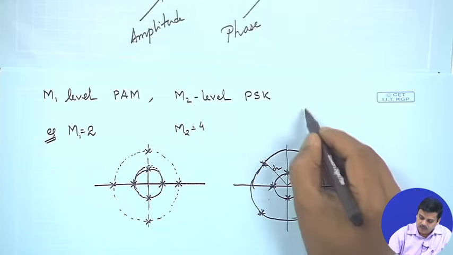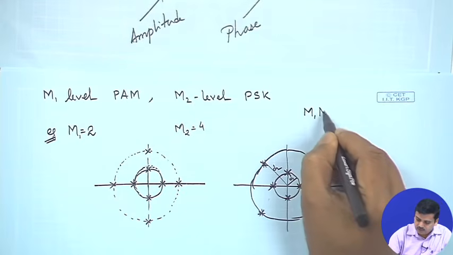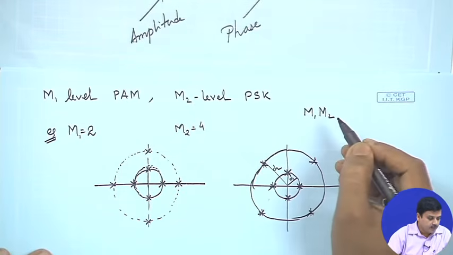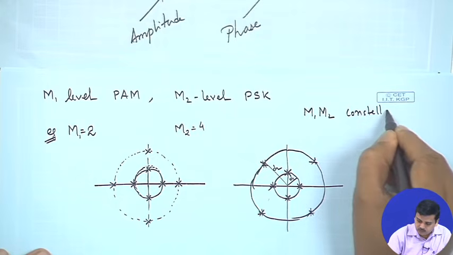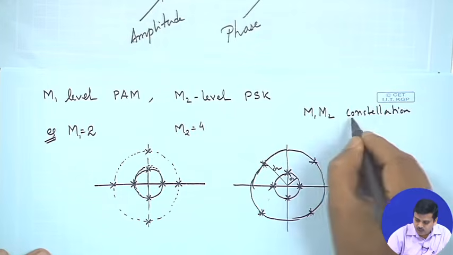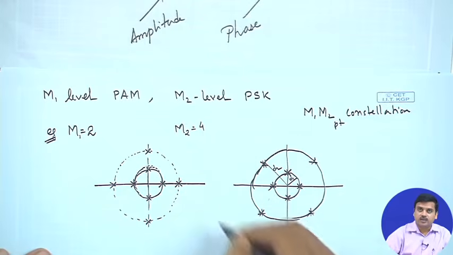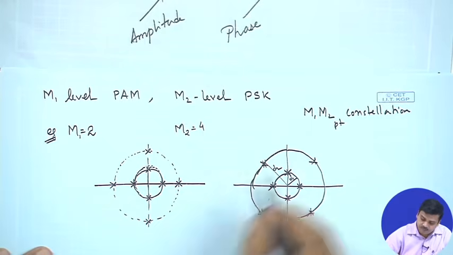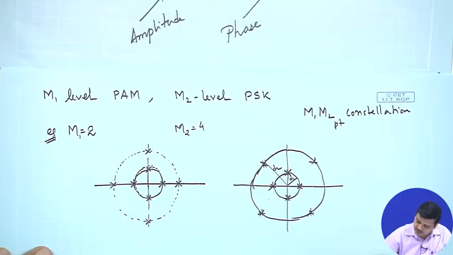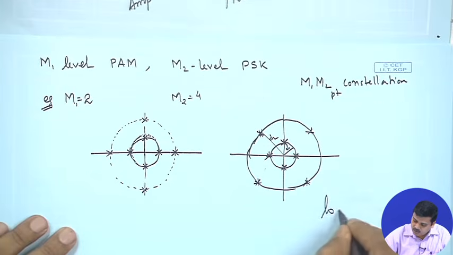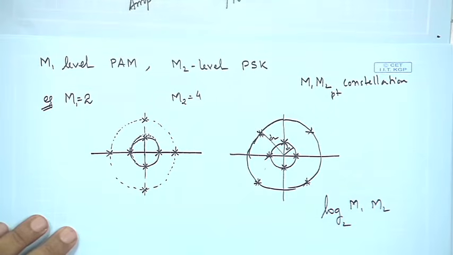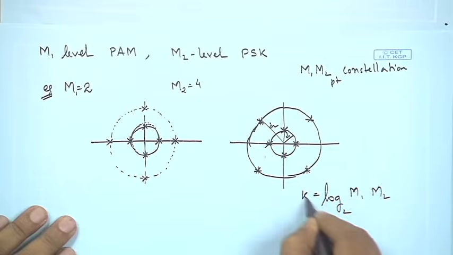So, when we multiply these two, we have a total of M1 M2 points in the constellation, right, and the number of bits that it can represent would be log base 2 M1 M2, and this would be our choice of k.